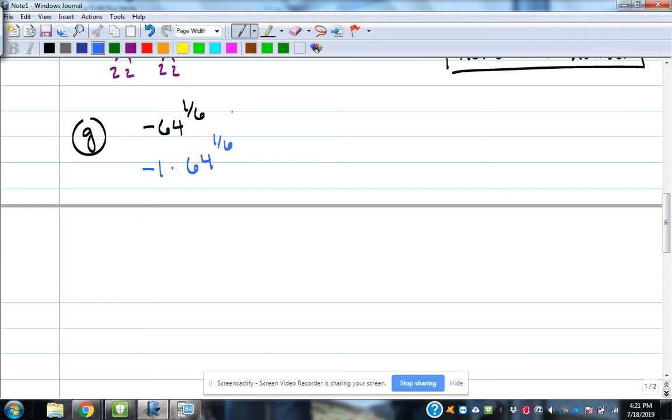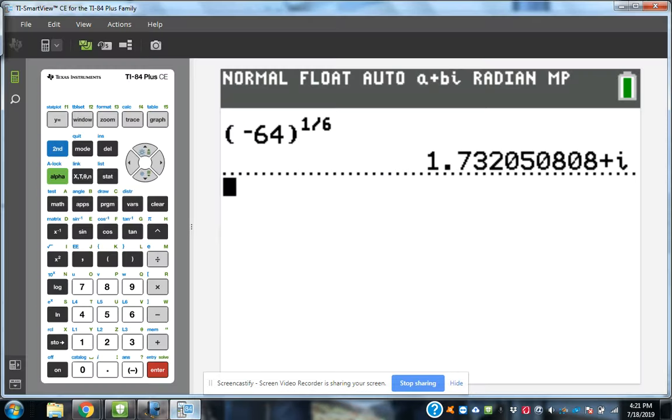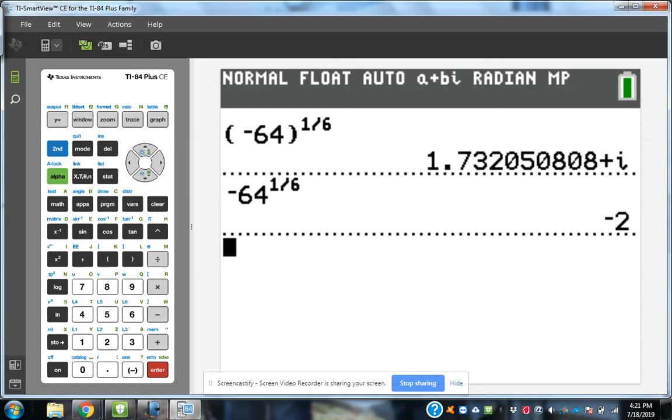That's how you want to think about that. And I know that I can work that out already, that's -1 times 2, and then that answer would be -2. And again, you could type that directly into your calculator, and it works out. So a little calculator exercise on a lot of stuff tonight.